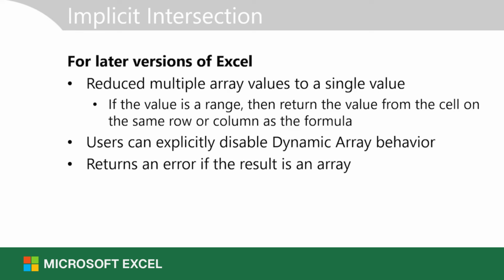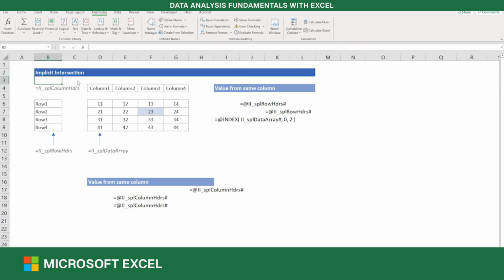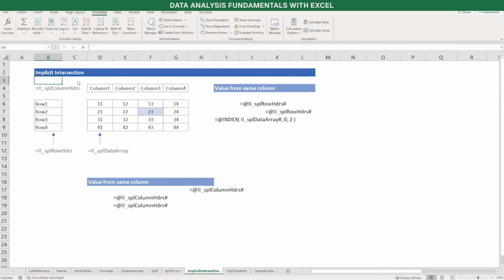Now let's review some examples for this topic. For these examples, we will consider three dynamic arrays: a one-dimensional horizontal array with all the column headers, a one-dimensional vertical array with all the row headers, and a two-dimensional data set. To start with, let's use the implicit intersection operator to retrieve values in the same column as a formula cell.